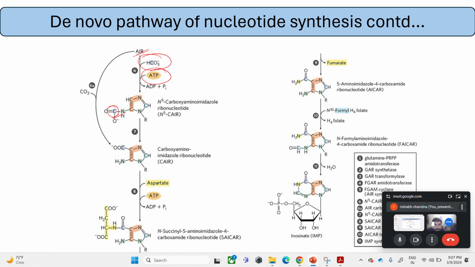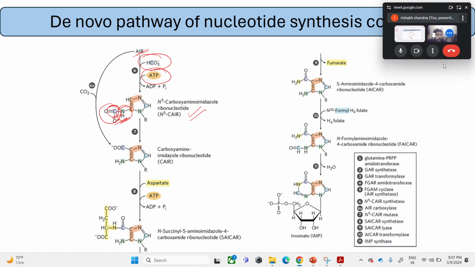Here the fifth carbon is formed, and the enzyme involved is N5 CAIR synthetase.